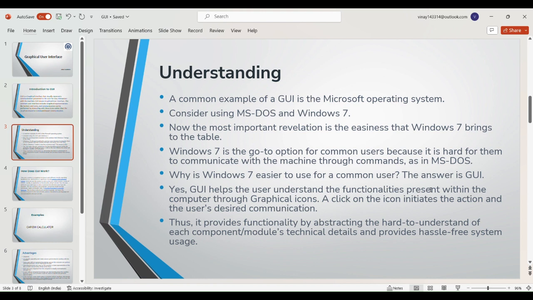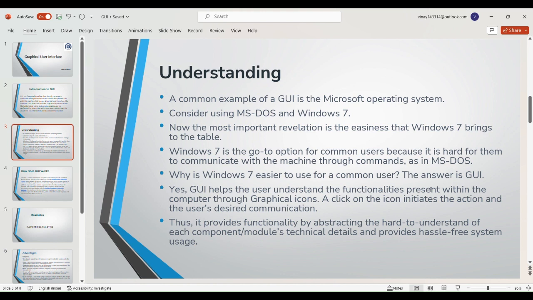Why is Windows easier to use for the common user? The answer is GUI. GUI helps the user understand the functionalities present within the computer through graphical icons.